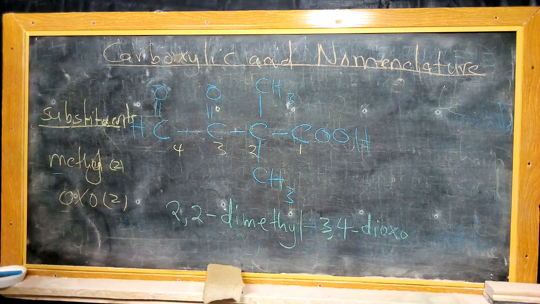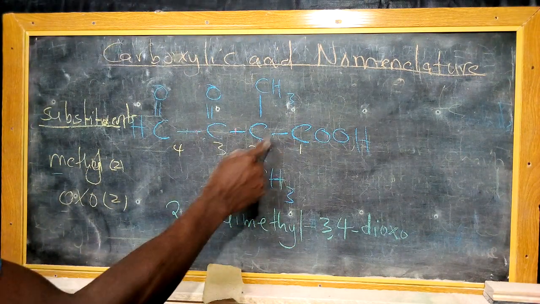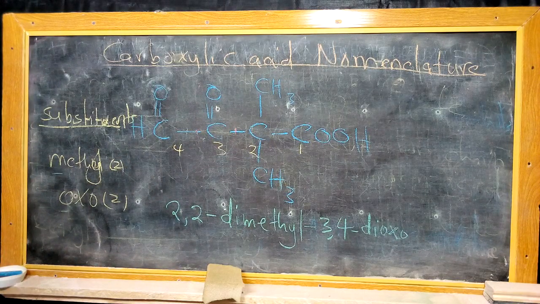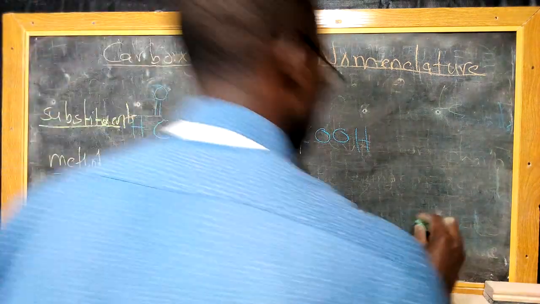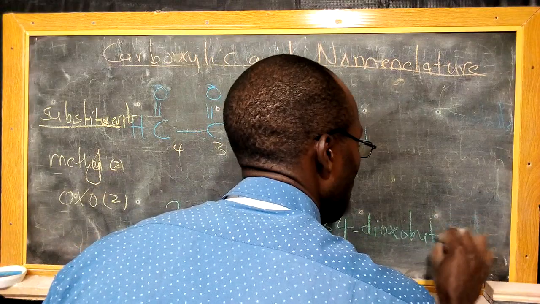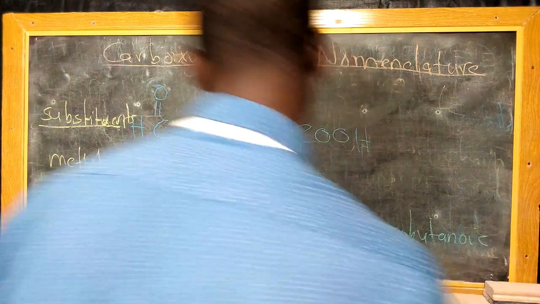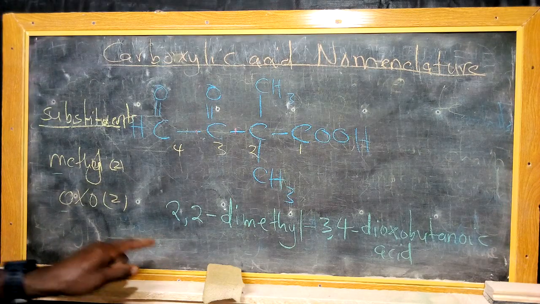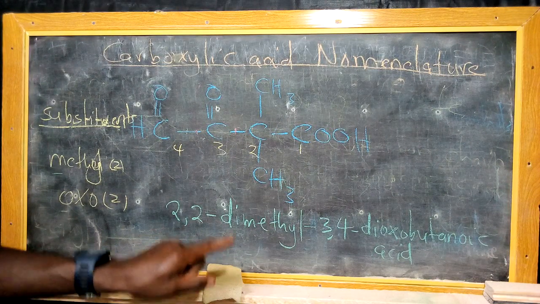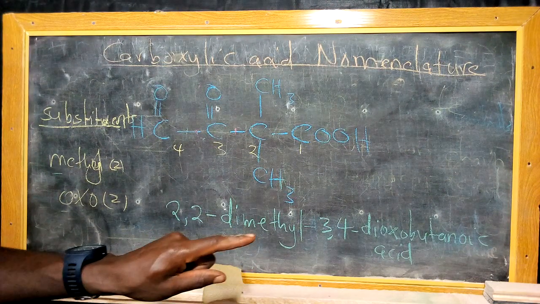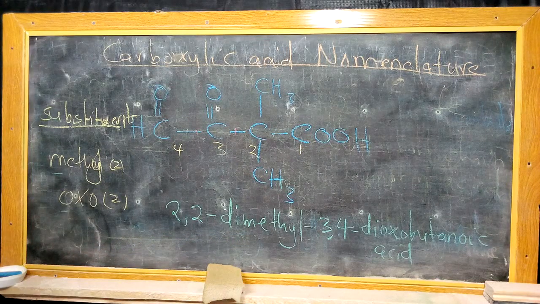So the number of carbons from the parent group, 1, 2, 3, 4. Butanoic acid. So the name of this particular compound is 2,2-dimethyl 3,4-dioxobutanoic acid.